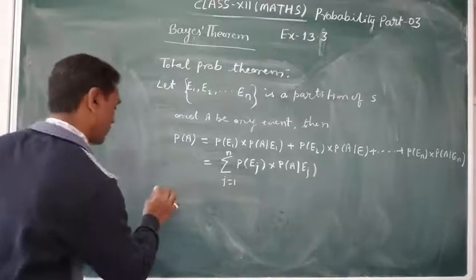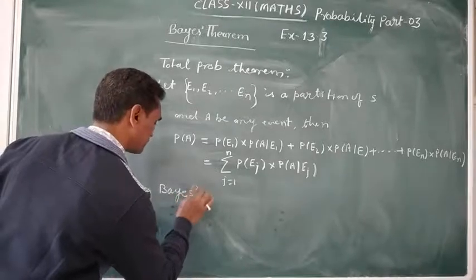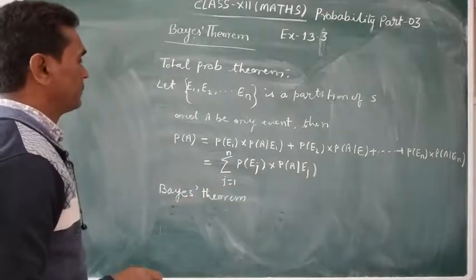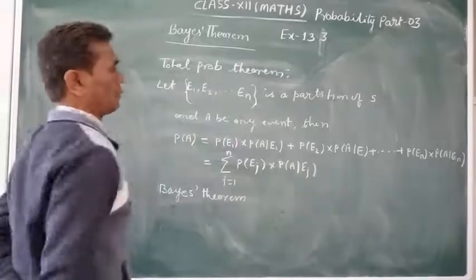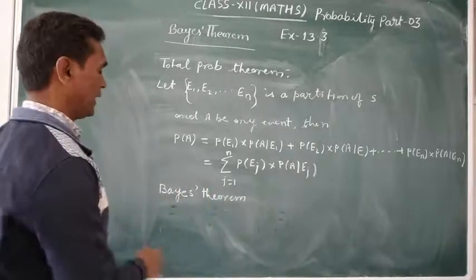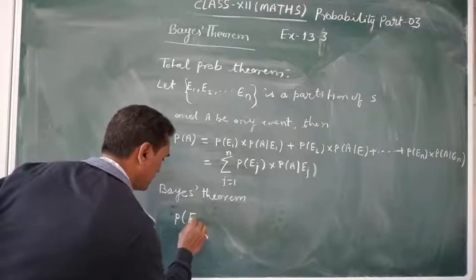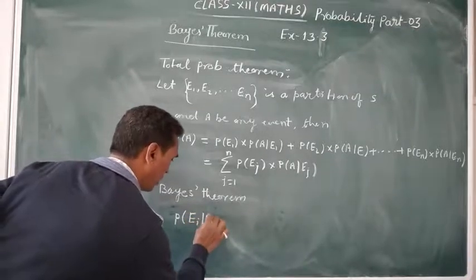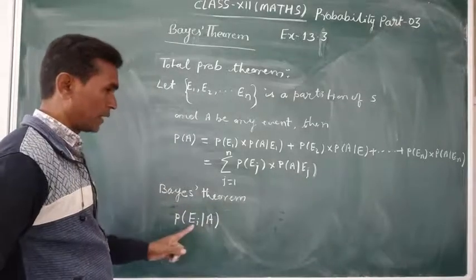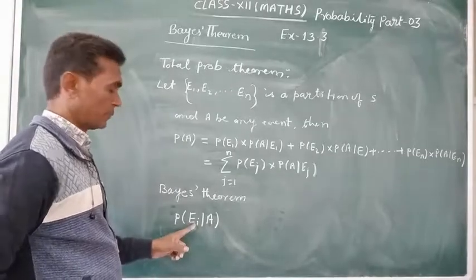Now Bayes theorem, definition. The condition is the same. Suppose these are the partition of the sample space and A be any event. Then probability of Ei given A. Suppose the drawn ball is red, and we have to find the probability that the drawn ball is from the second bag. Here E2 will come.